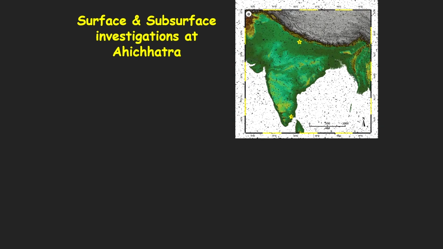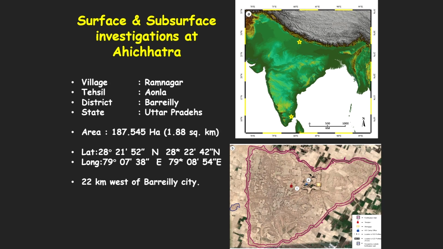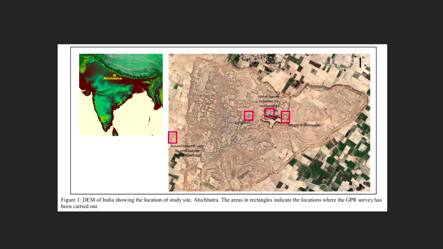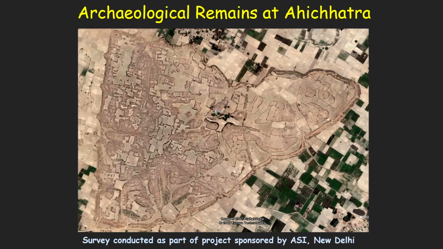Now the last part I would like to mention here is Ahichhatra. In Ahichhatra we did surveys at multiple locations, but one of them was outside the fortified structure. Ahichhatra is a very old ancient site which flourished till 1200 to 1300 AD.